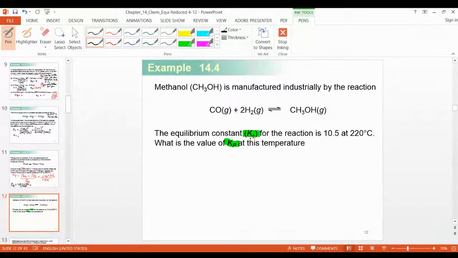The equilibrium constant Kc for the reaction is this one, right? And what is the value of Kp at this temperature? At the same temperature, what Kp value will you get? So you will use one formula here: Kp is equal to Kc RT to the power delta n, right?